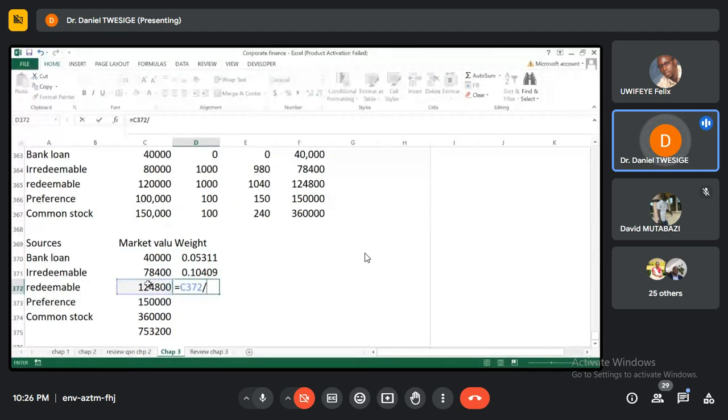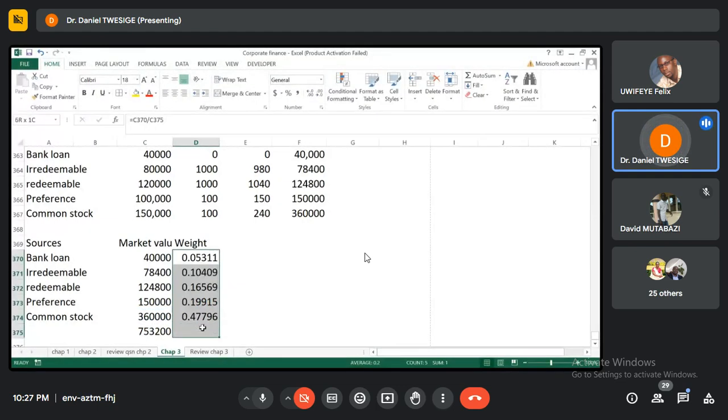The same for each source. If you add all your weights, it must give you one, I think.